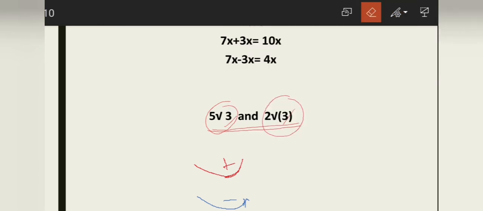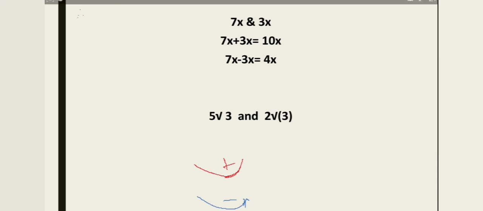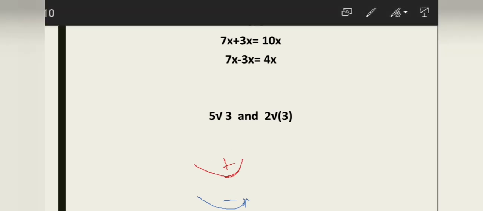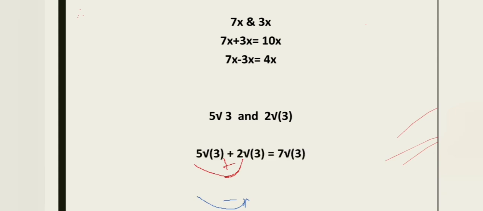So 3 is the number which is inside the root. You can do the addition only when you have the same number inside the root. So here we have the same number inside the root, and we are adding 5 root 3 plus 2 root 3.